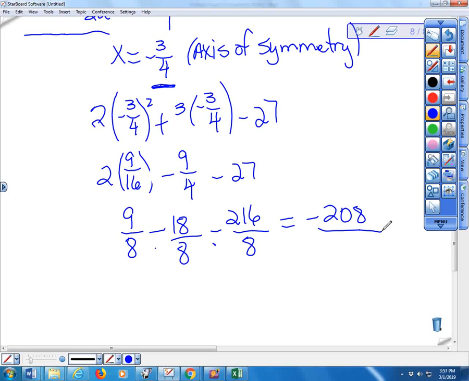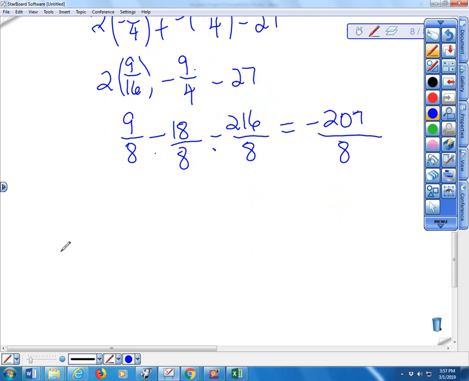I'm subtracting 9. Help if your math teacher could do math. 207. Yes. 9/8 minus, if I multiply this by 2, I get 18/8, and 27 times 8 is 216/8. Okay, so negative 207/8.